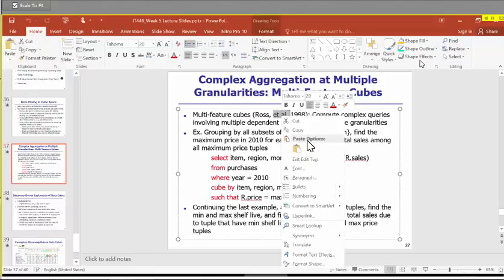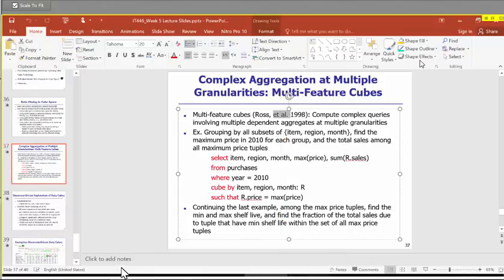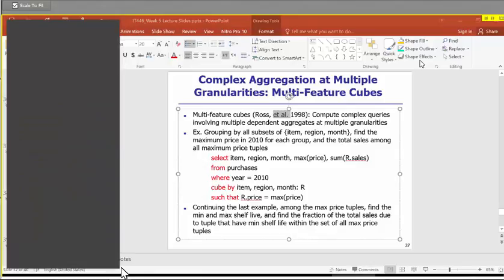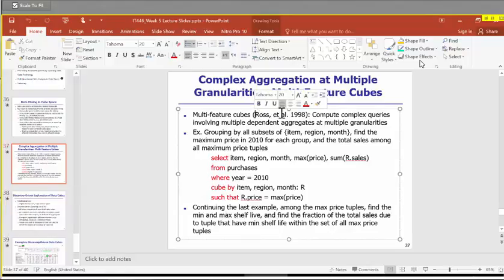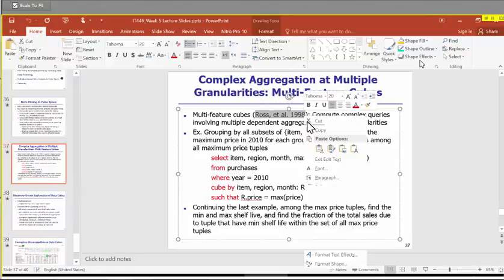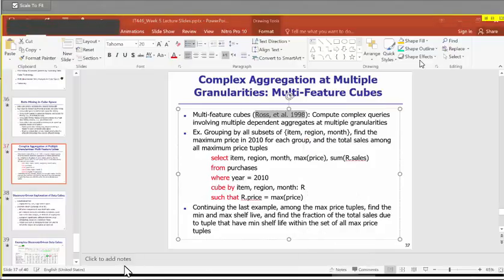This word et al means... Can you tell me the meaning of et al? What does et al stand for? Yes, who will answer this question? Are you present in the class, or is everyone sleepy? When we write something like Ross et al, do you know what is the meaning of this et al?